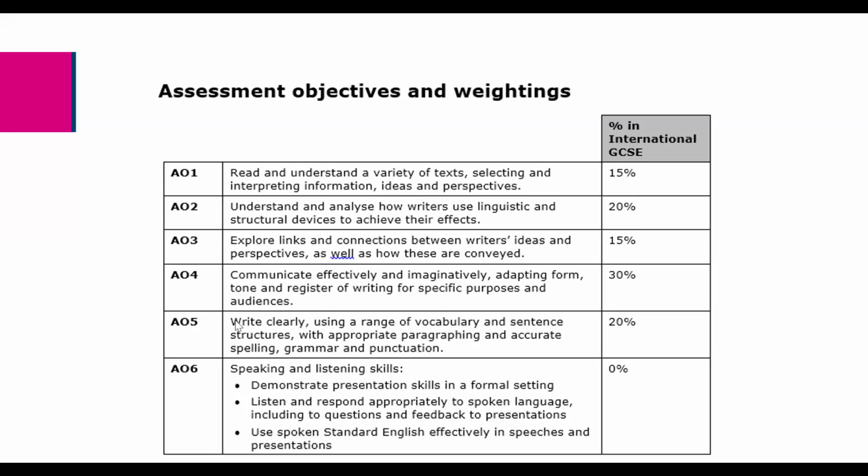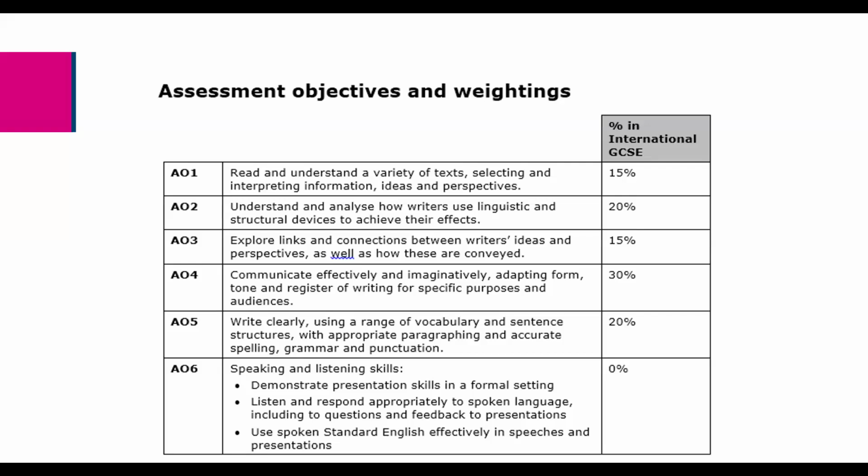Looking at what these are, we'll be looking at these again in module 2, but we can see here what they are and their relative weightings over the qualification. AO1 is read and understand a variety of texts, selecting and interpreting information, ideas, and perspectives.